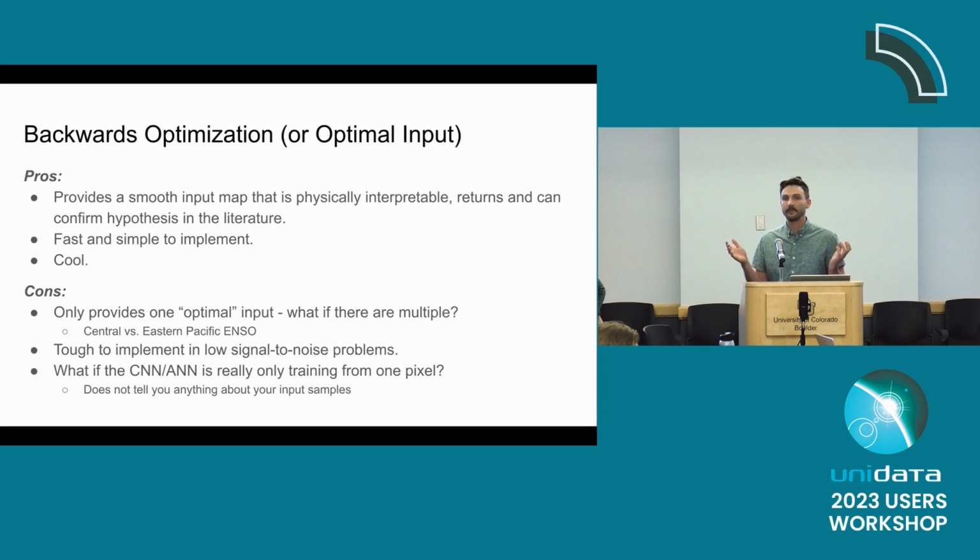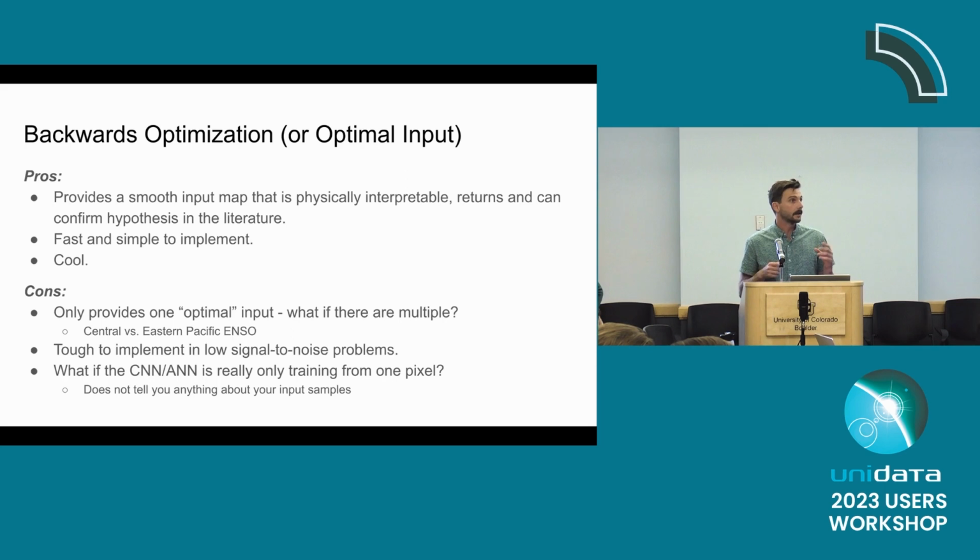So what if there are mixed inputs that you're seeing across that space? It's really tough to pick things out from it when your samples are not necessarily clean. So given maybe a central versus an eastern Pacific ENSO, it's hard to tell sometimes what the network is actually constructing.